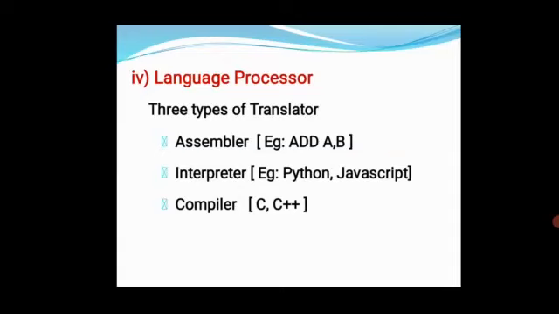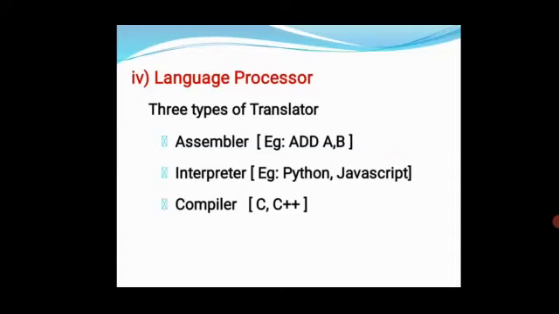Here, person A and person C both use person B as a translator to convey the message. That means person B translates the message from Tamil to English.